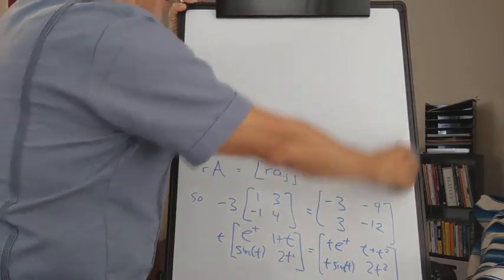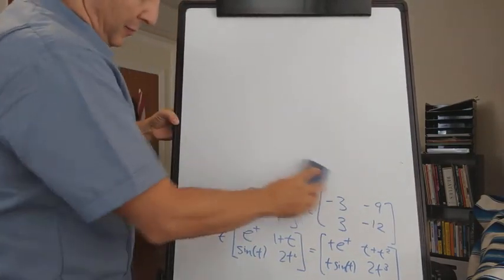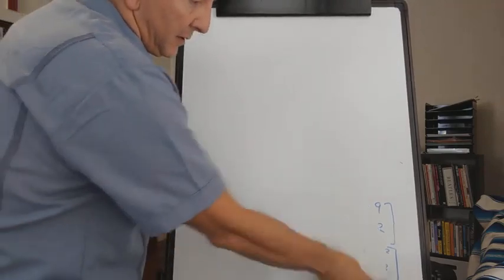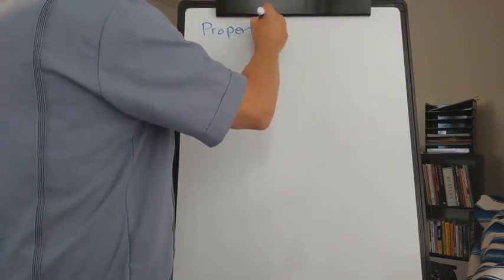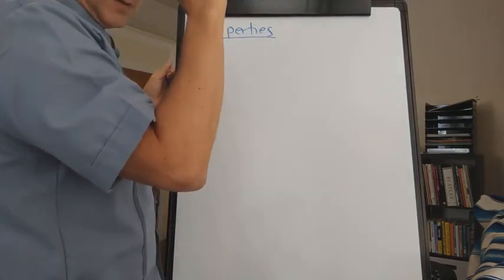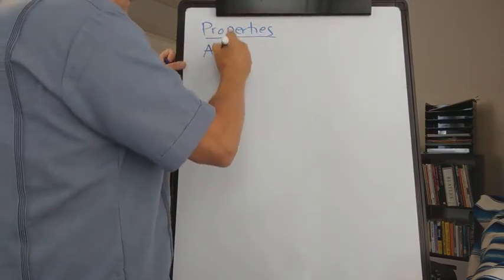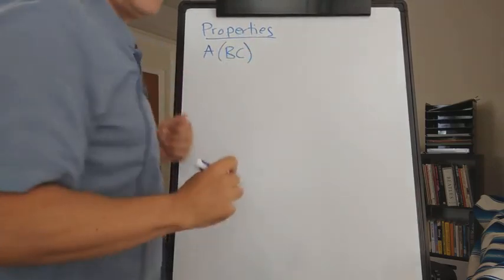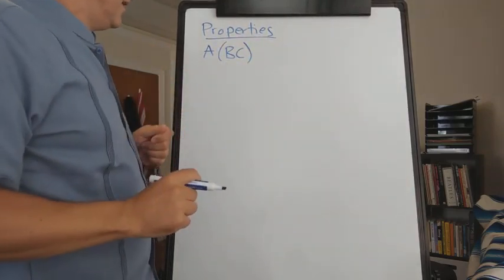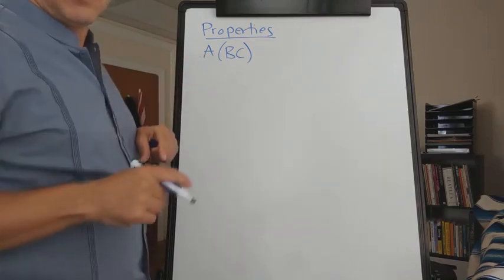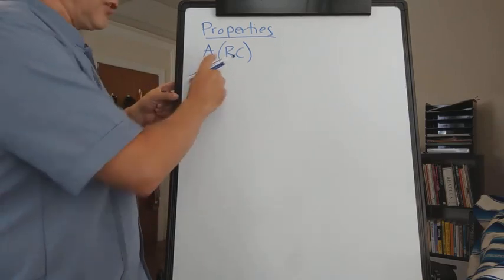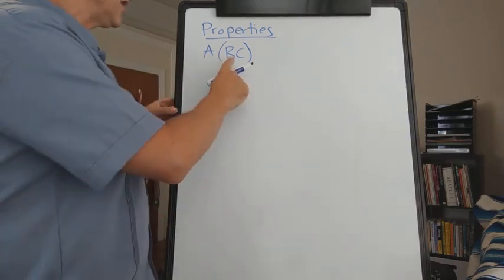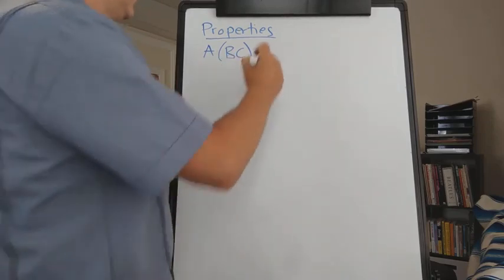All right, I want to point out some properties of these operations. So if we multiply 3 matrices, assuming that the dimensions of these matrices line up correctly so that we can do the multiplication. That is, the second dimension of A and the first dimension of B have to be the same. The second dimension of B and the first dimension of C have to be the same.